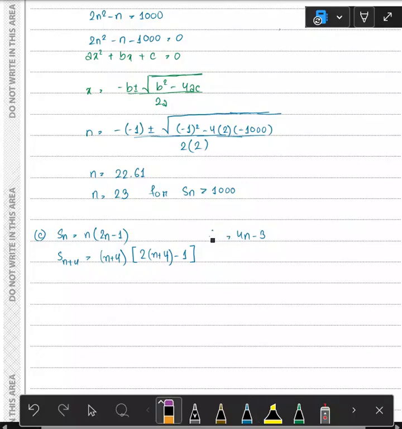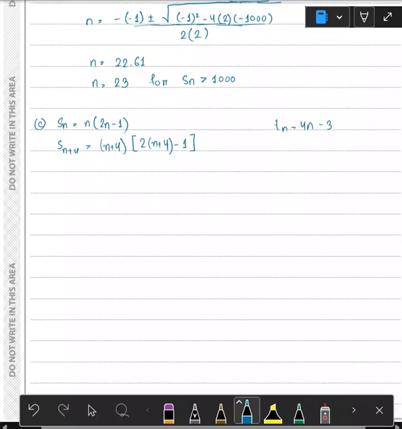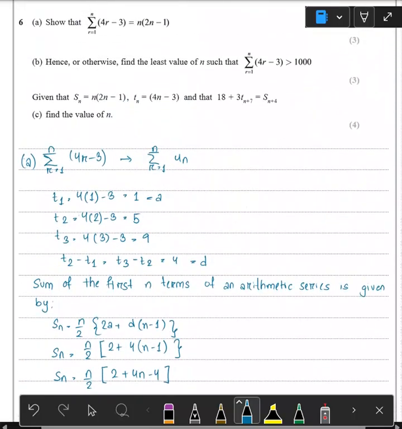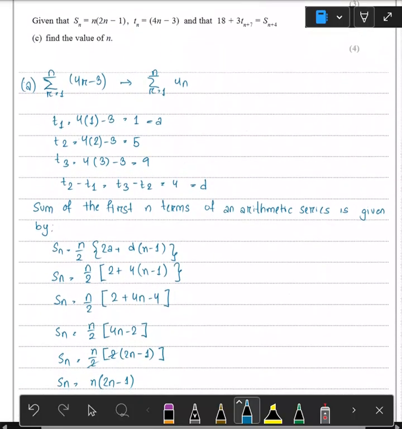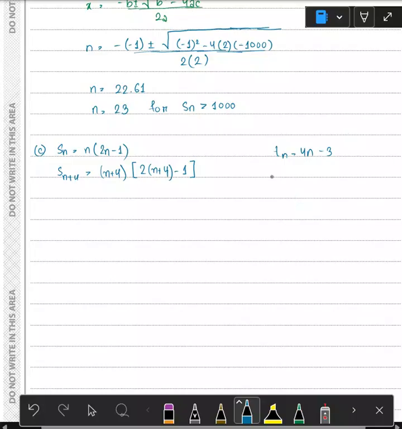And for Tn, let's just write this a bit to the right hand side. So Tn would be 4n minus 3, right? Similar thing, they have asked us to find Tn+7. So Tn+7 would be 4 n plus 7 minus 3.